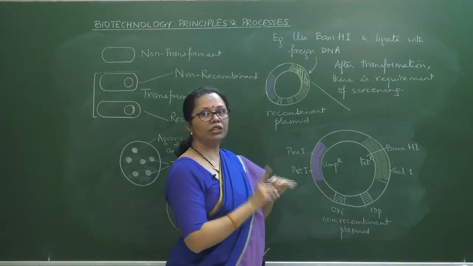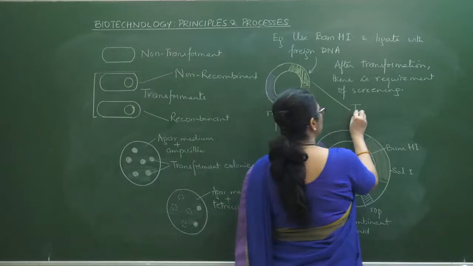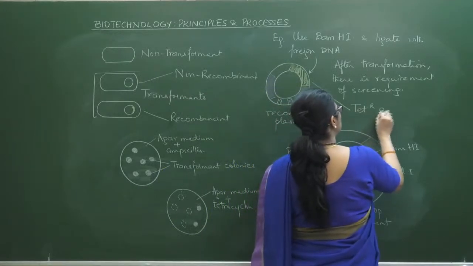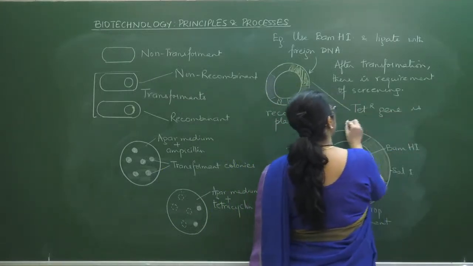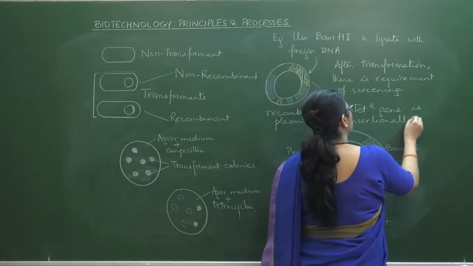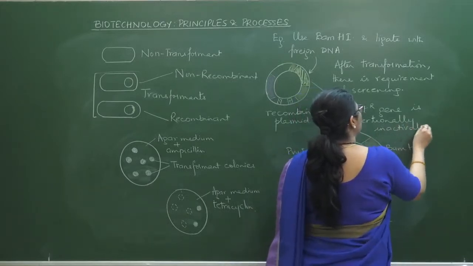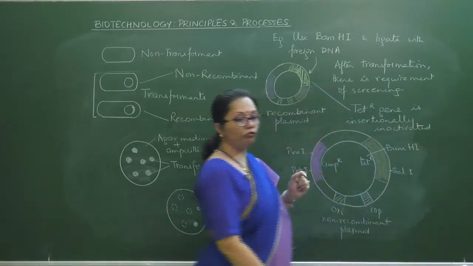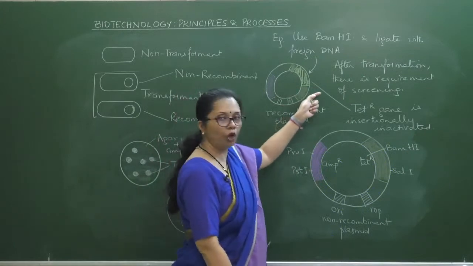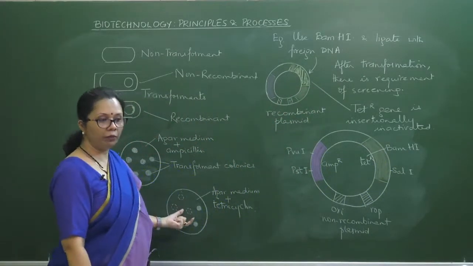The tetracycline gene has been insertionally inactivated, right? So the tetracycline resistant gene is insertionally inactivated. Okay, so where the tetracycline resistant gene is not working, those colonies will not be able to develop here.